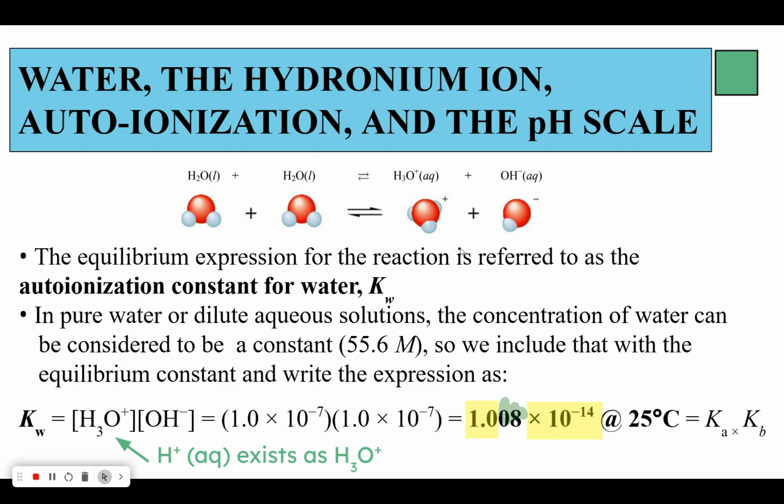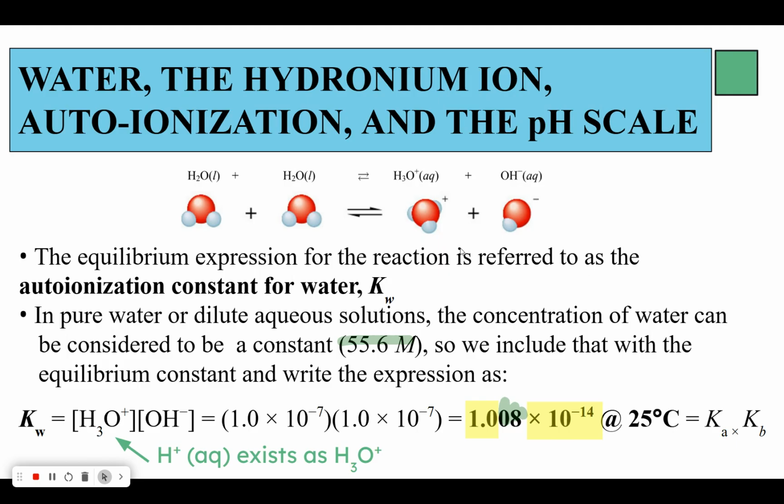And remember, we don't include liquids, which is why we don't have any water H2Os in that K expression. It is constant. And, fun fact, apparently 55.6 molar is the value that we use for the concentration of water in water. So it's a constant value.